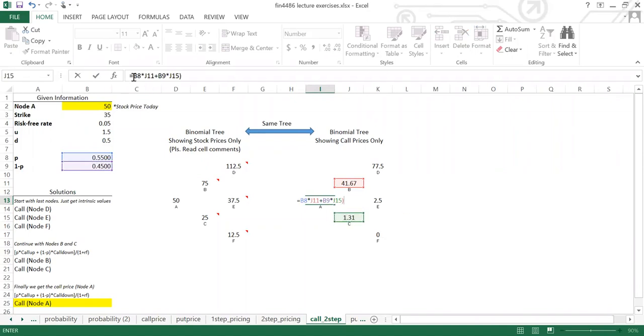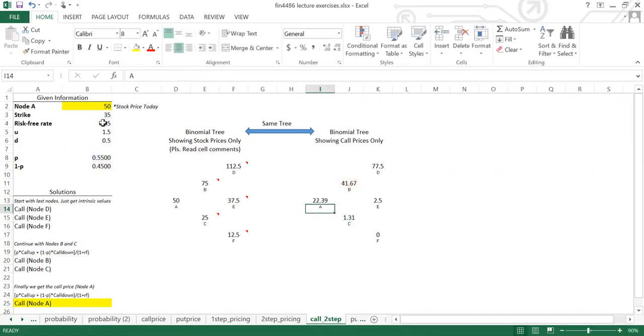Then we close all of this in a parenthesis, and once again, as always, we divide by 1 plus the rate. So we're getting the present value of that, and that is it. This is our call option price: 22.39.